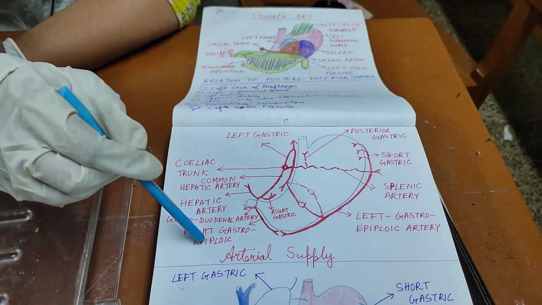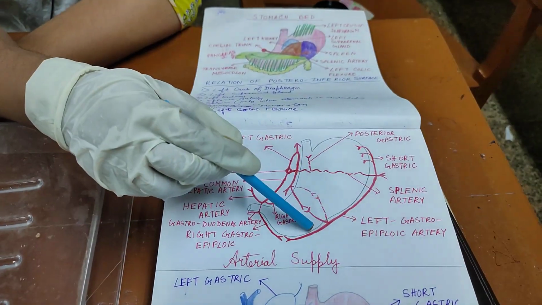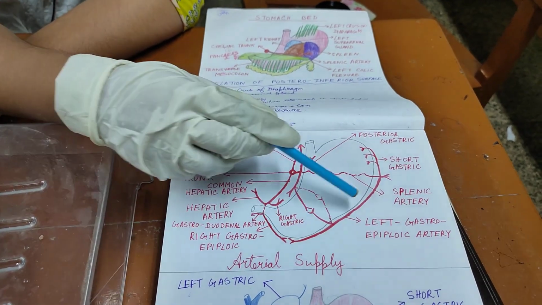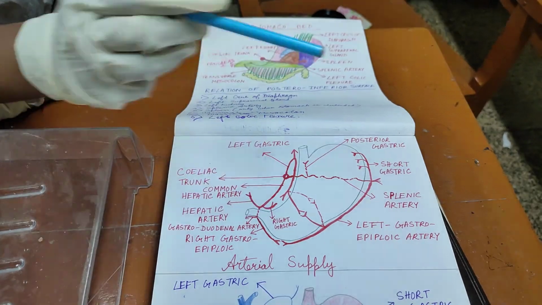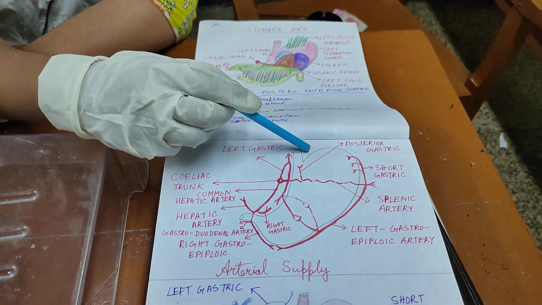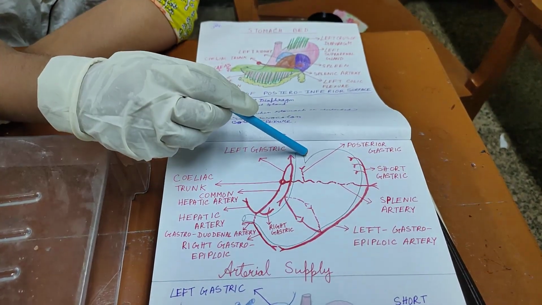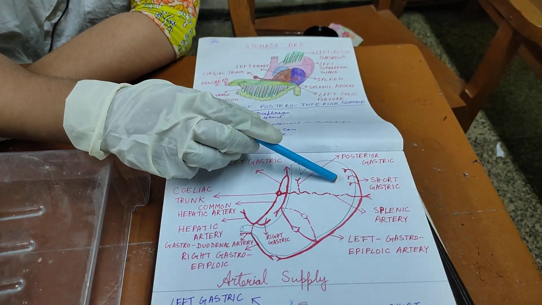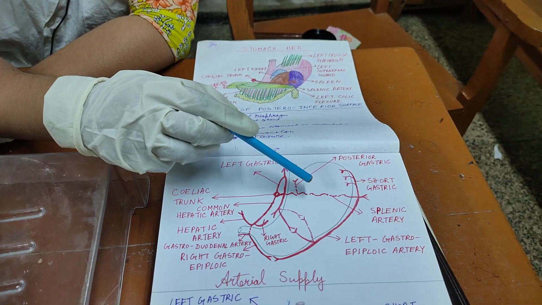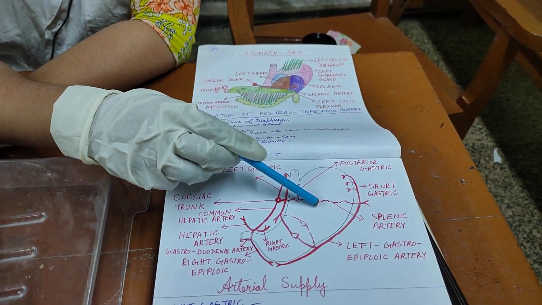This right gastroepiploic and left gastroepiploic artery anastomose along the greater curvature within the greater omentum. The posterior gastric artery will supply the posterior part of the fundus, and the short gastric artery supplies the upper part of the fundus and the body.